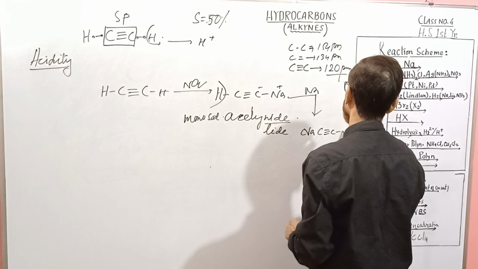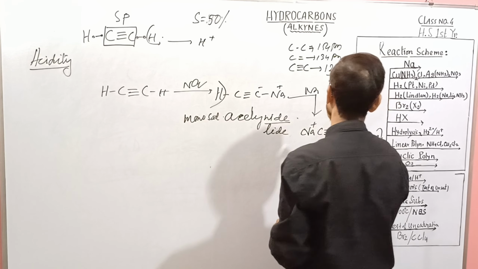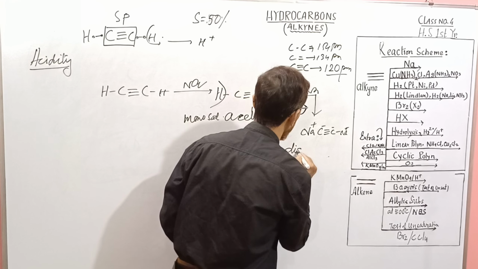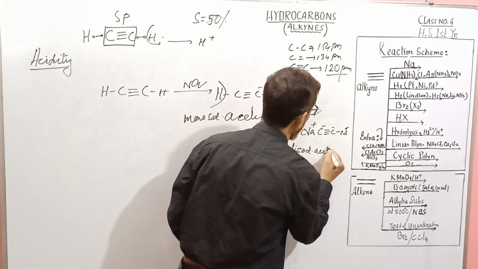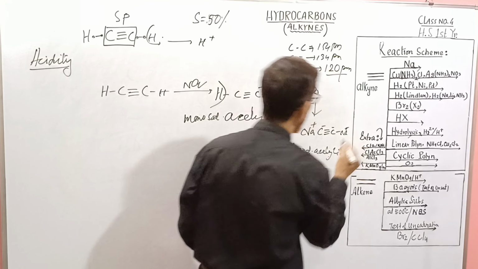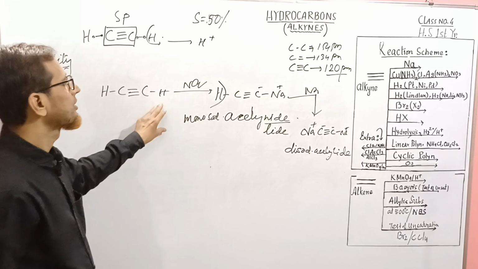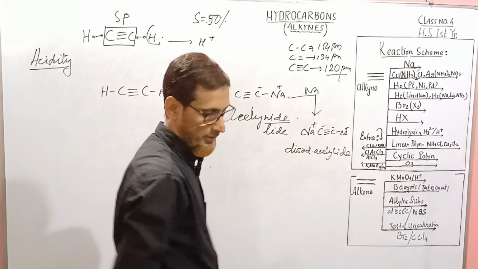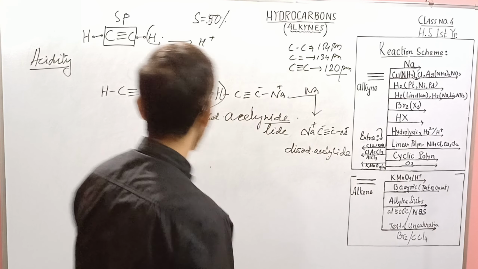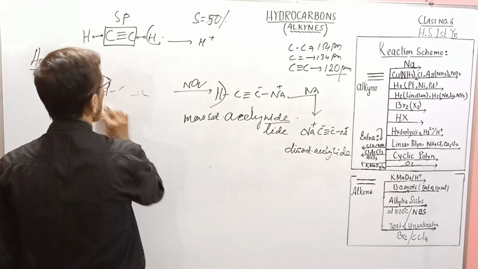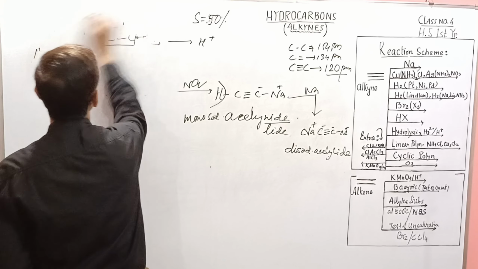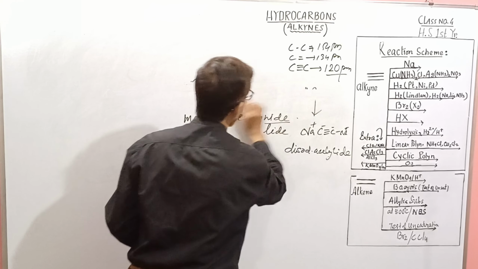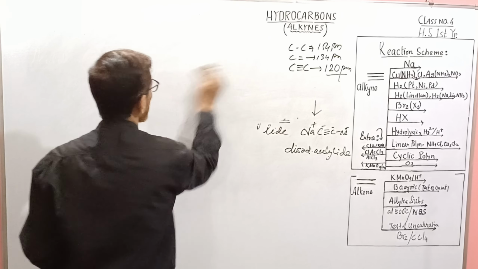So you will get disodium acetylide. So this is the acidic type of reaction with sodium. Number 2 is very important and it is not given in your book, but it is very important from the entrance point of view, and if the question is a bit tricky, it is very often asked.